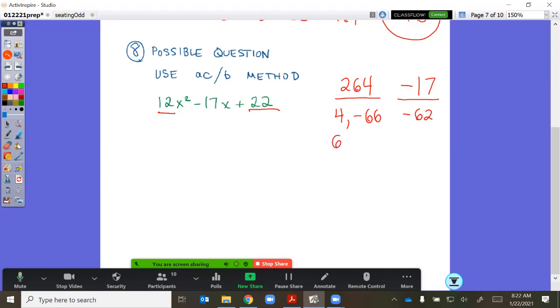Oh, okay, 6 and 44. So that's -38, not yet. How about 12? Oh, no, 12 wouldn't go into it. 22? Well, I know the big number has to be negative because I get -17.